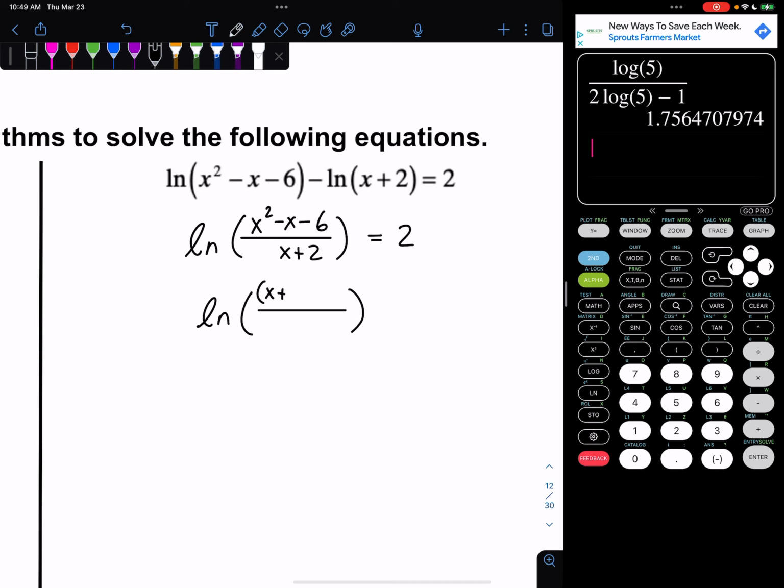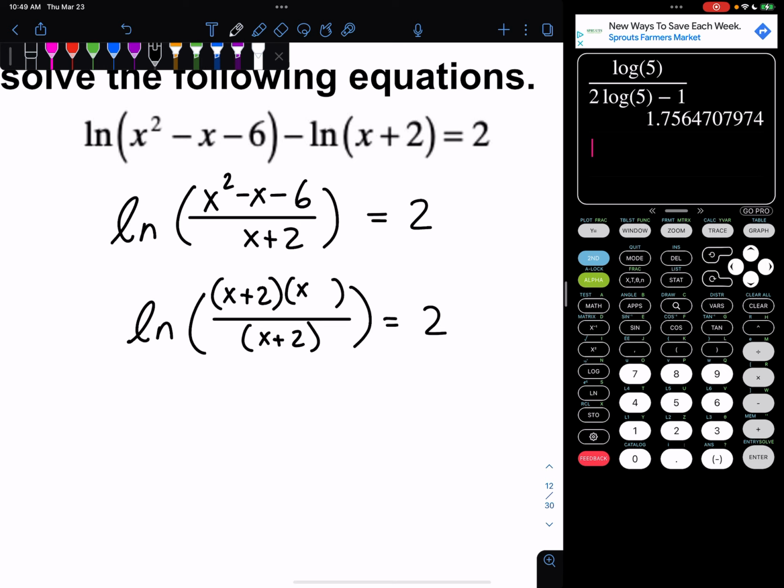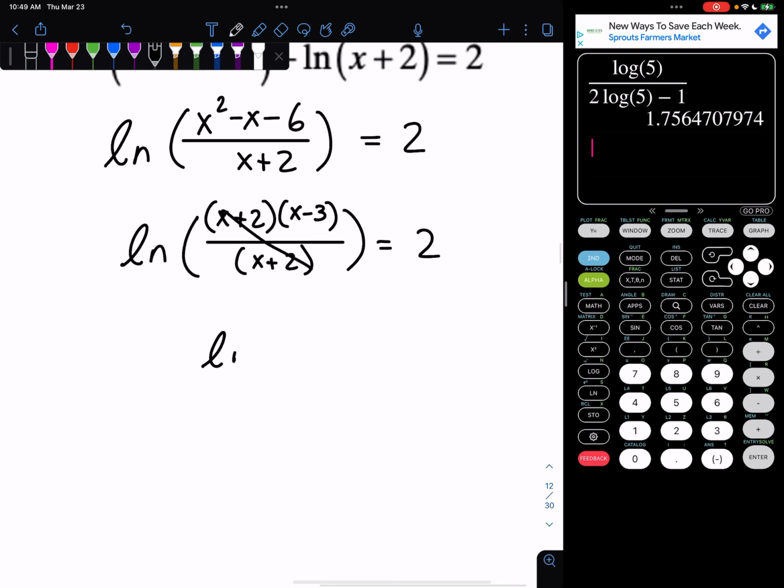This is going to be x plus 2 times something over x plus 2. And I'm betting that x plus 2 is going to be a common factor there. So just taking a guess here, it's going to be an x, what do we say, minus 3? Yep, minus 3. Okay, so the x plus 2's are going to cancel. So this is just really ln of x minus 3 is equal to 2.